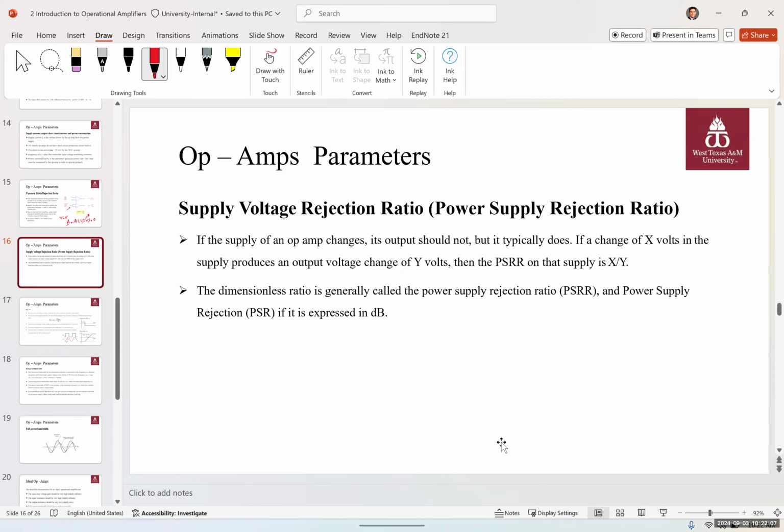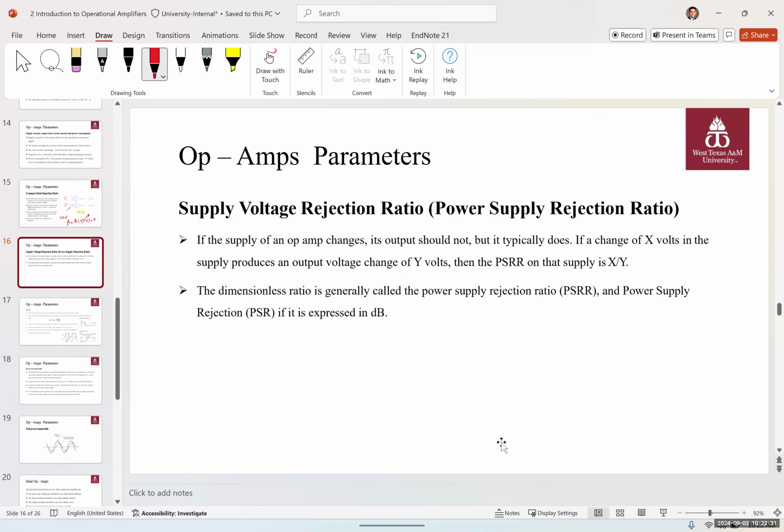If the supply drops by 10%, we expect the output of the op amp to drop by 1 or 2%. If it's more than that, it's going to create problems. And this creates a lot of problems in very precise sensors, and I'll explain more about that in measurement instrumentation. So if the supply of an op amp changes, its output should not, but it typically does.